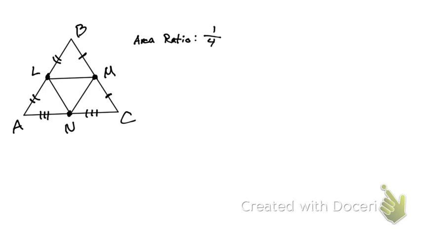So our area ratio is 1/4. If my area ratio is 1/4, what is my scale factor going to be then? 1/2. Our scale factor would be 1/2. Does that ratio kind of make sense? Or it could have been 4/1, depending on how you set it up. Okay? Is that a little clearer why I did what I did?